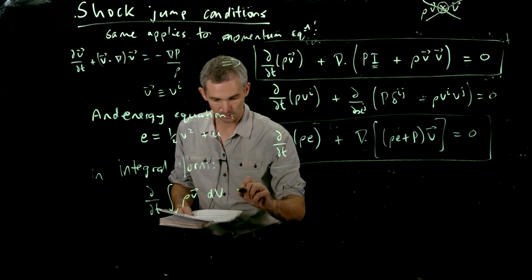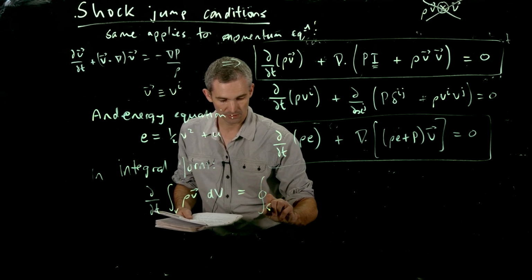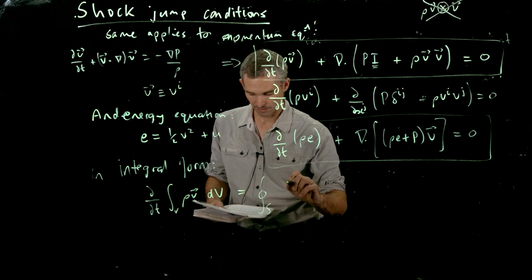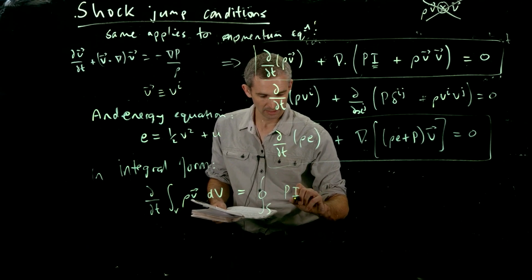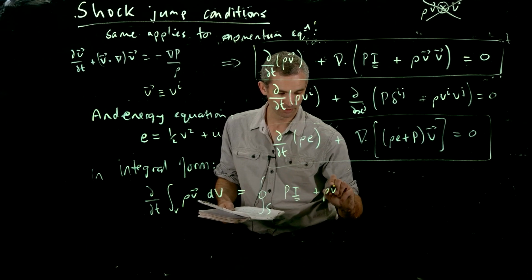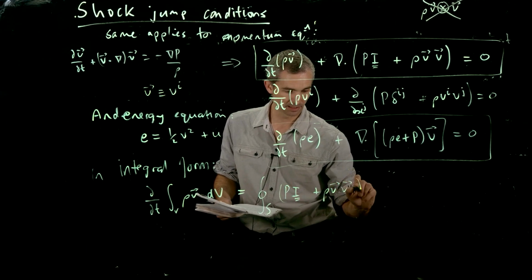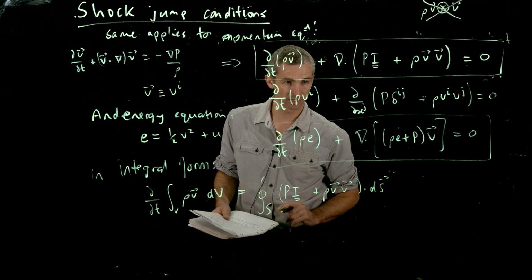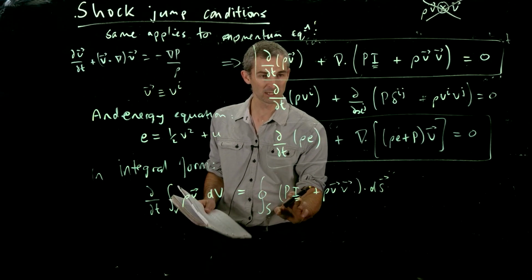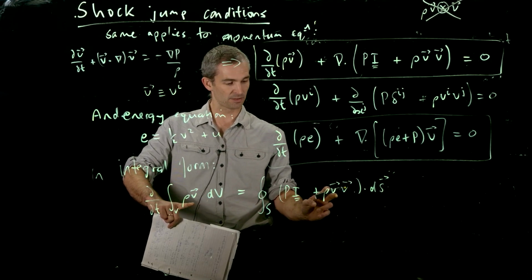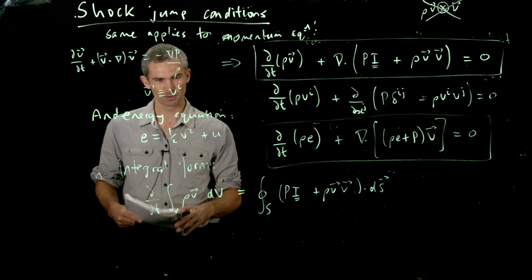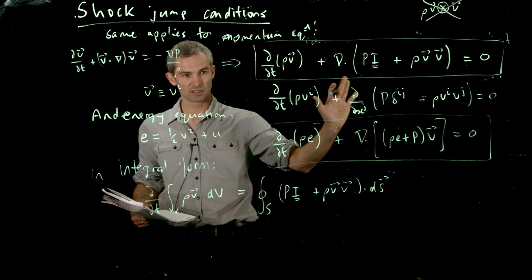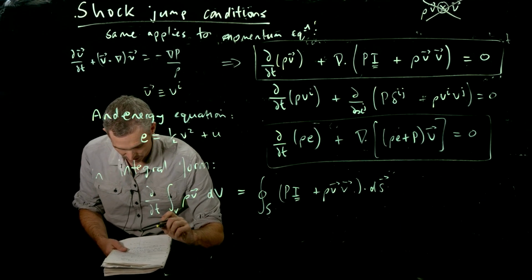And that equals minus the surface integral of p I plus rho vv, dotted with dS. Again, you have to be careful about the rank here. This is a rank 2 quantity, so one of these ranks belongs with the left-hand side, and one of these ranks is dotted with the dS. Again, if it gets confusing, just switch to Cartesian tensor notation.